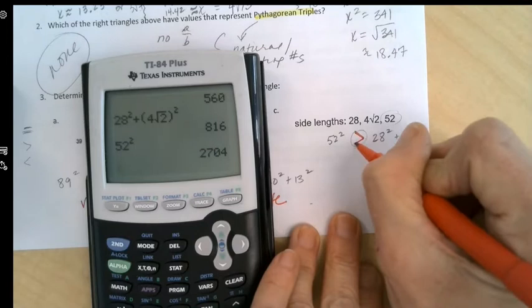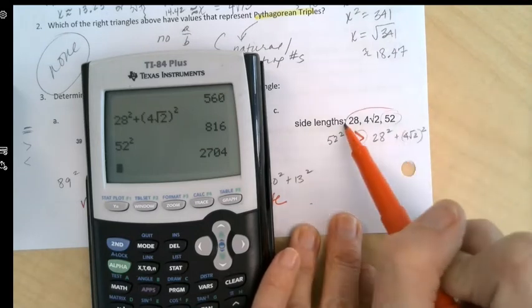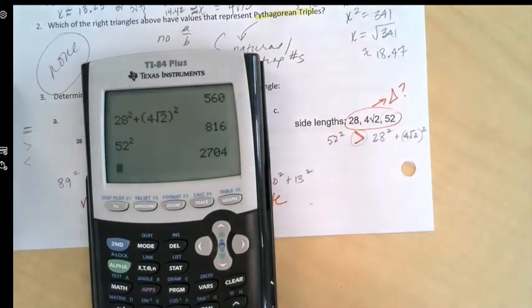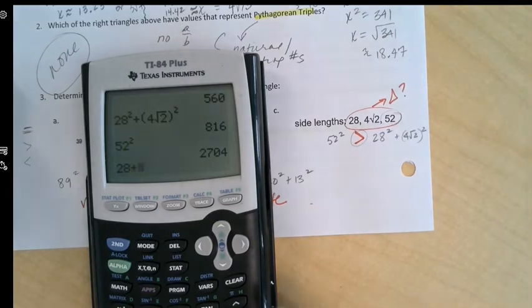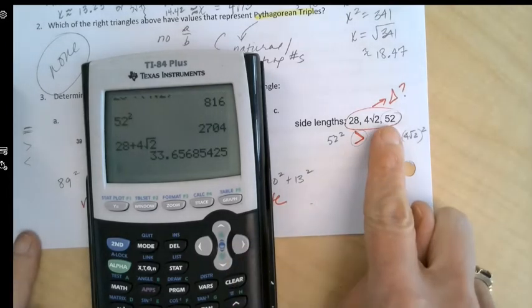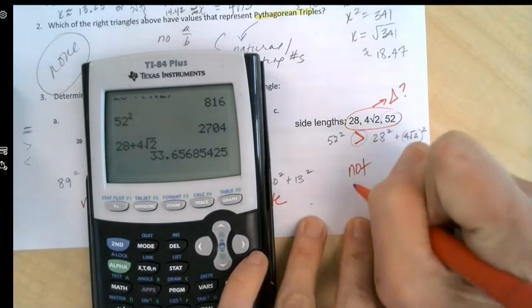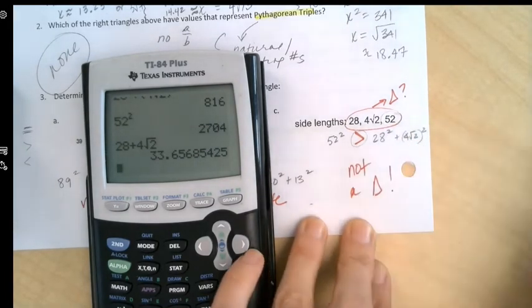This is much bigger, but now what we need to do is, do we even have a triangle? Because when you get an obtuse triangle that's so wide and so big, there's a chance this isn't even a triangle. So I need to say, is 28 plus 4 times the square root of 2 even a triangle? No, that's not even close to 52. This one is not a triangle.